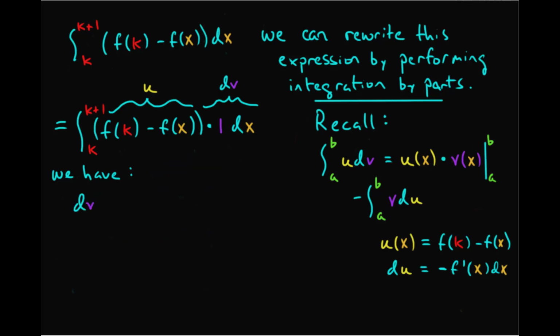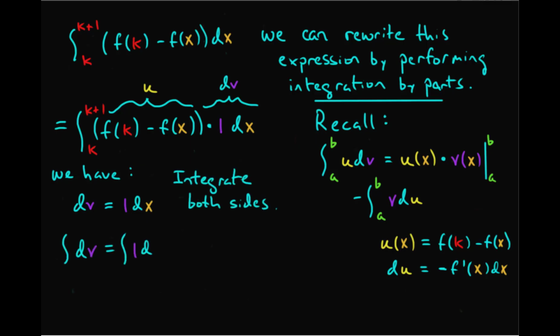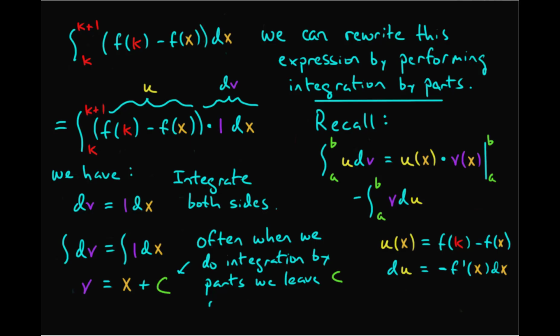And now we want to consider what happens with dv. Well, we have dv equals 1 dx. So when I integrate both sides, you get the integral of dv equals the integral of 1 dx. Therefore, v equals x plus some constant of integration c. Now, often we just ignore the value c because when we do integration by parts, that constant c gets canceled out when we compute u of x times v of x evaluated from a to b.